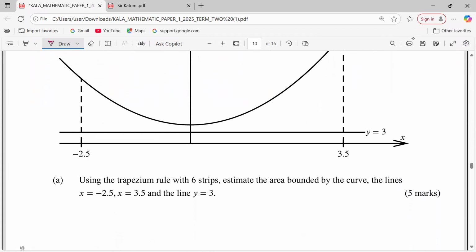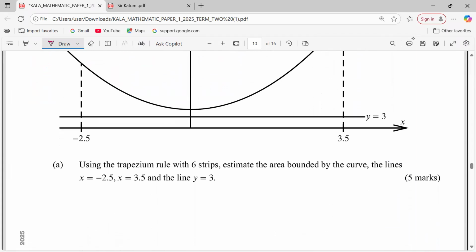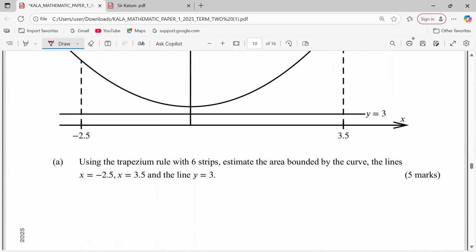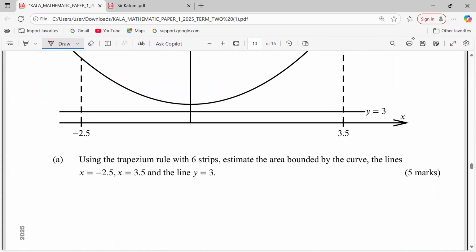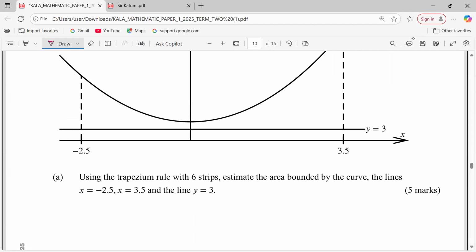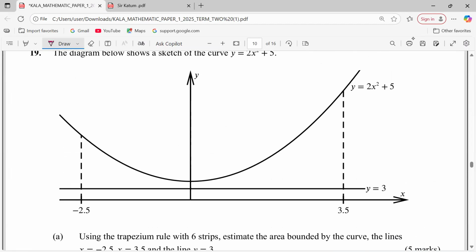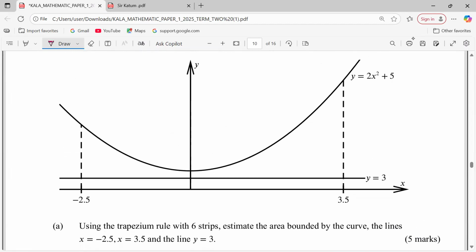Then we are told that in part A, using the trapezium rule with 6 strips, estimate the area bounded by the curve, the lines x equals negative 2.5 and x equals 3.5, and the line y equals 3.